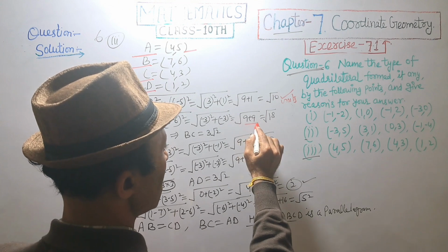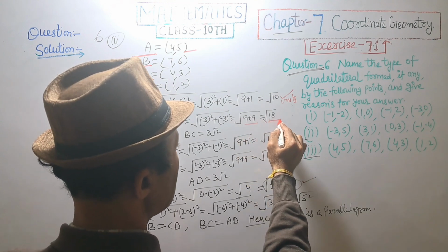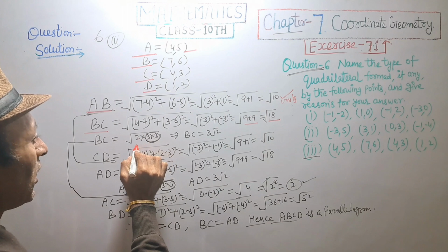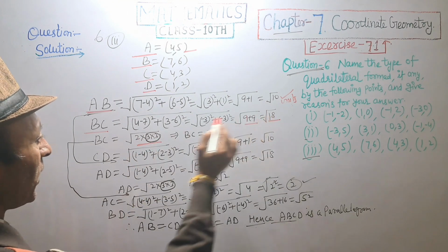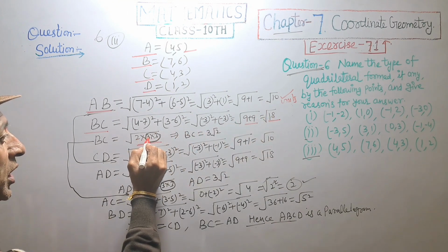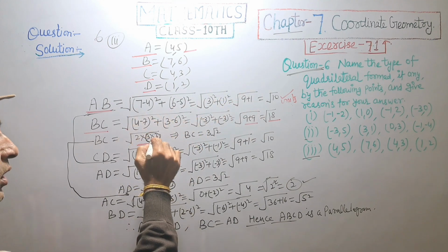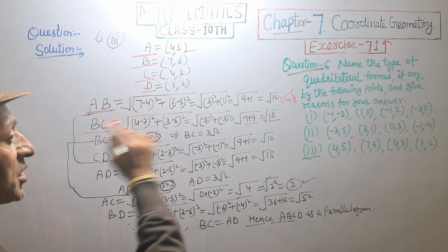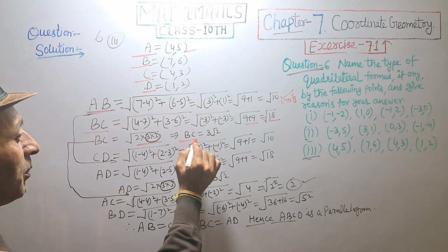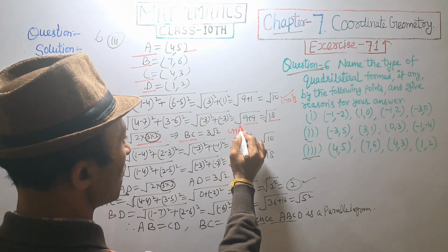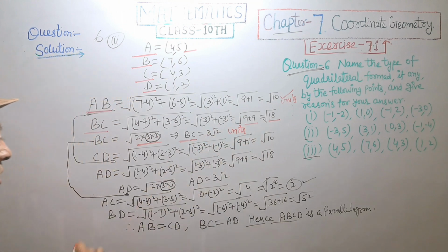The sum of 9 plus 9 is 18, root 18, and prime factorization of 18 can be written 2 into 3 into 3. 3 3s are 9, 2s are 18, but in root, one pair of 3 is taken common, so we get BC is equal to 3 root 2 units.